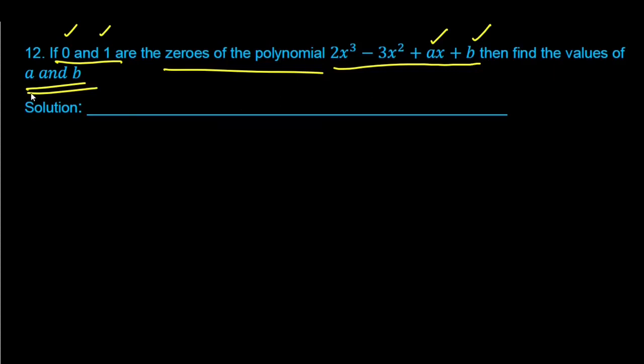As we have two conditions for two unknowns, we can find those two unknowns. P of x is equal to 2x cube minus 3x square plus ax plus b.